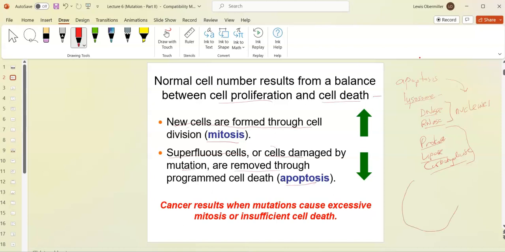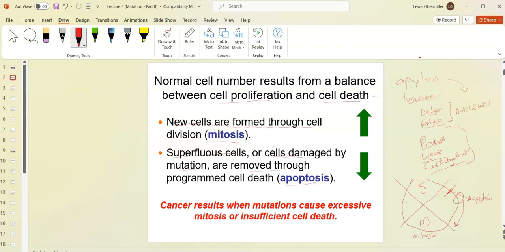So when we talk about the cell cycle, right, we have to talk about these checkpoints. A lot of these checkpoints are designed to make sure that there's no problems, because if there is, then the cell undergoes apoptosis. And if there isn't, the cell undergoes M phase or mitosis. Right, so there's two options here.